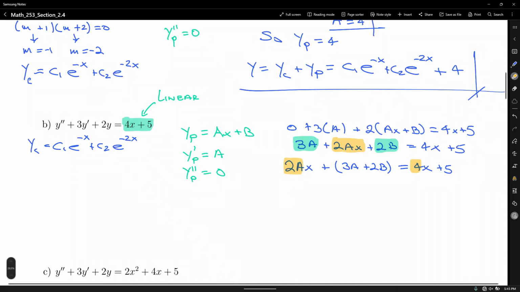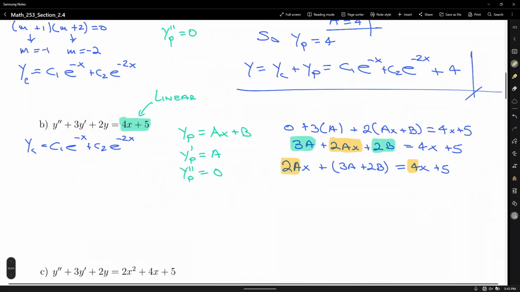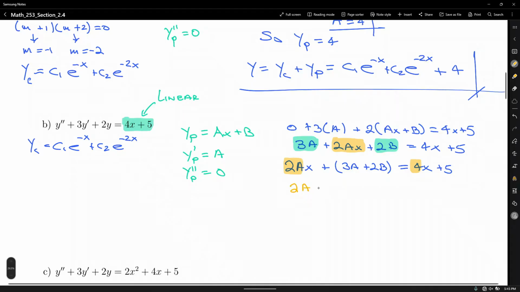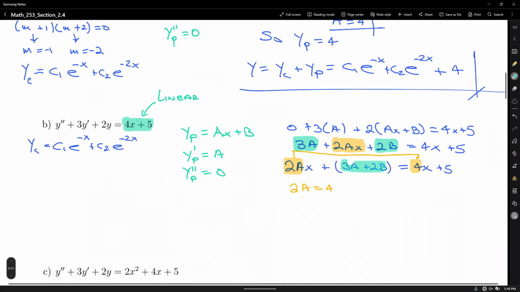That gives us one equation to solve: 2a equals 4. Secondly, using the same green color, 3a plus 2b. Do you guys agree 3a plus 2b is just another constant? So constant equals another constant.